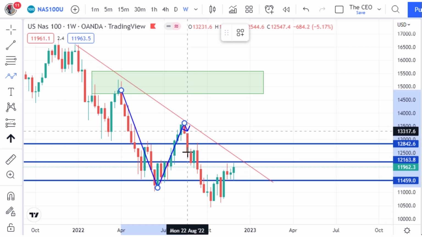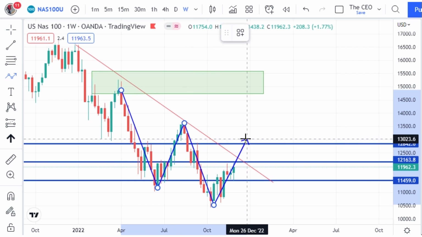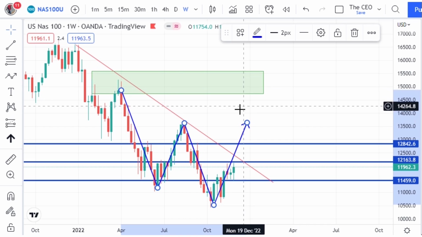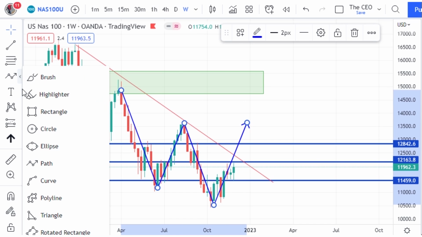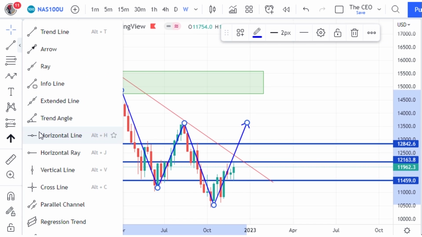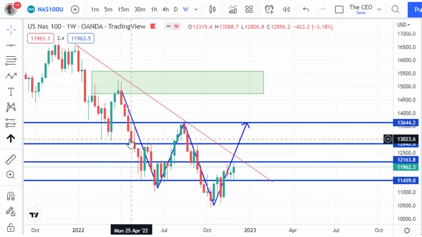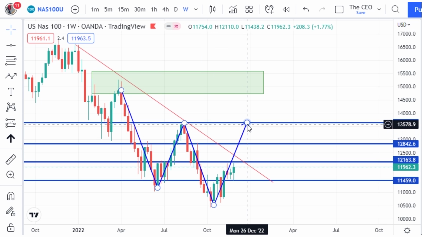Either it's gonna take a pause here, or it's just gonna touch there. So for NAS 100, this is how the future looks. We're looking for that bullish move up until there or here.